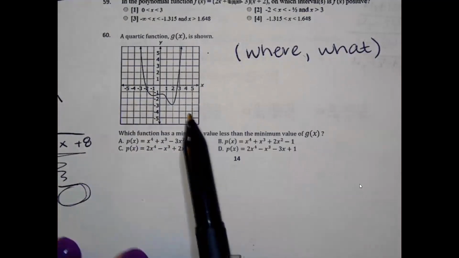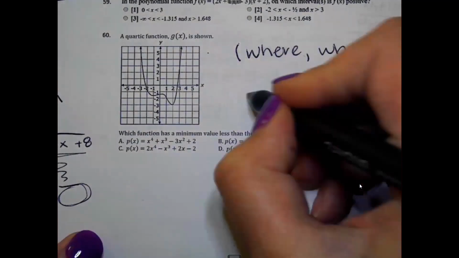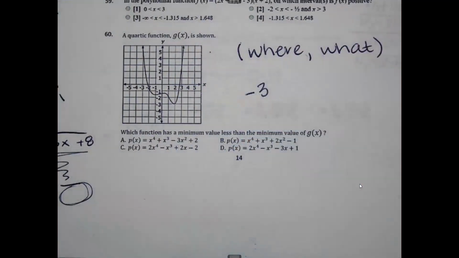Well, g of x's minimum value is -3. So between A, B, C, and D, we are looking for whichever one has a minimum that is less than -3. So this is definitely a Desmos question. We just have to graph and see which one is lower than that.